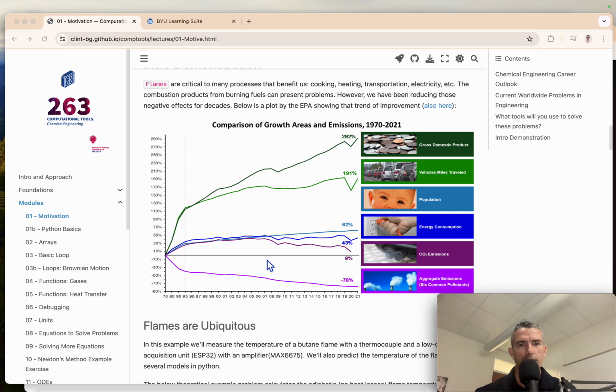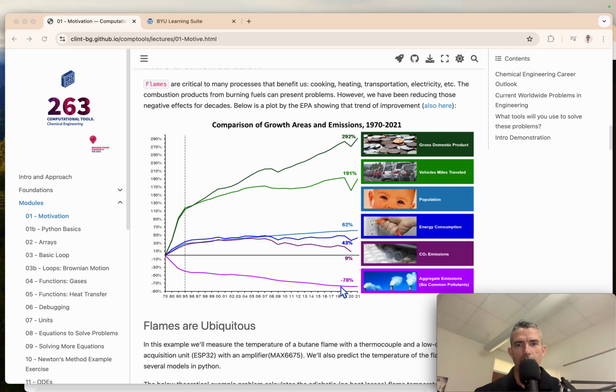And so here's a plot from the EPA's website. You can click right here and it'll take you there. Here I just wanted to point out the aggregate emissions of 6 common pollutants. You can look up on that website which ones those are, as well as the CO2 emissions. This is compared to 1970.